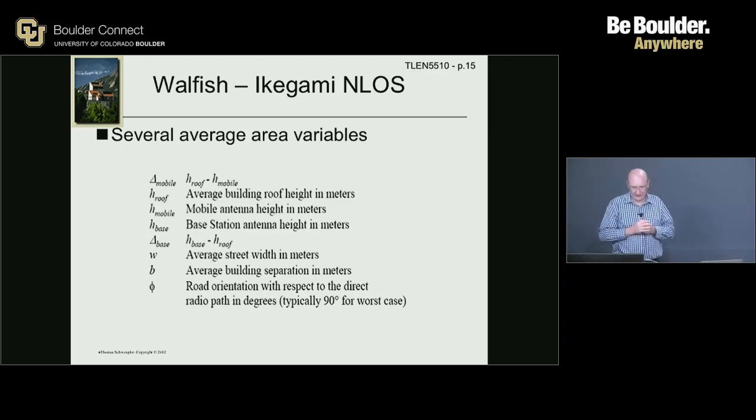All those things are very nice and try to make the model better, but practically, how would you do that? You would implement things depending on what you can roughly see. If you want a measurement around Denver, you'll go measure the street width and the building separation, and you sometimes don't know what to plug in for phi, so you say, well, I know the worst case is when I'm 90 degrees from it, so I'll just plug that in.